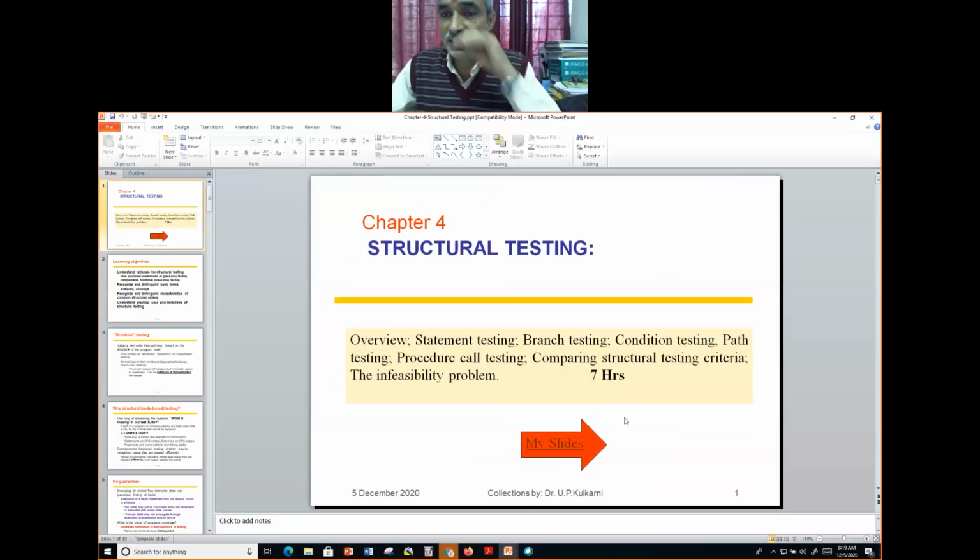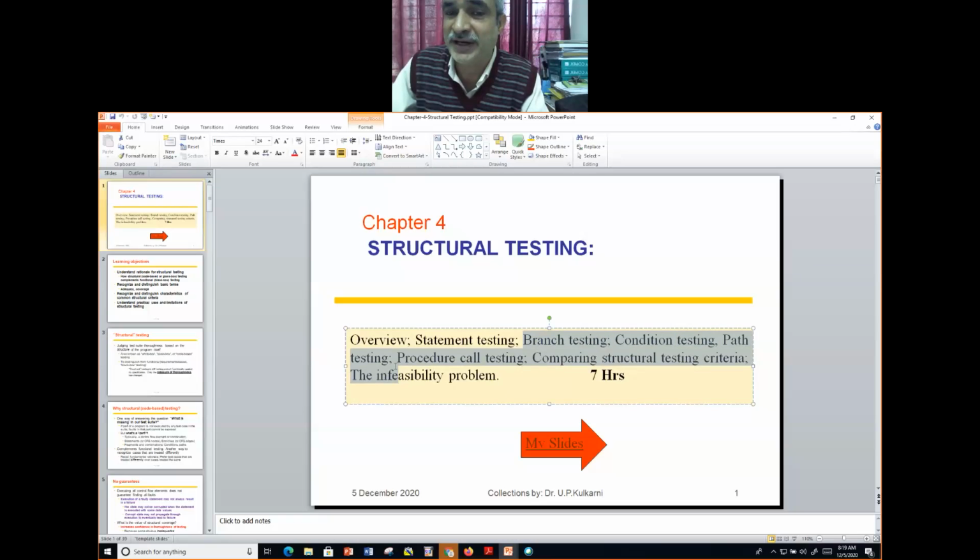Under structural testing, it is about the structure of the program. We study branch testing, condition testing, path testing. Path testing we have already referred to. You have to draw the control flow graph, CFG, for a given program using basic blocks.